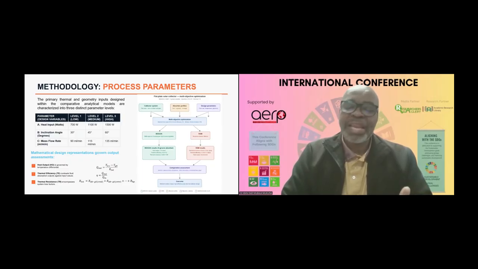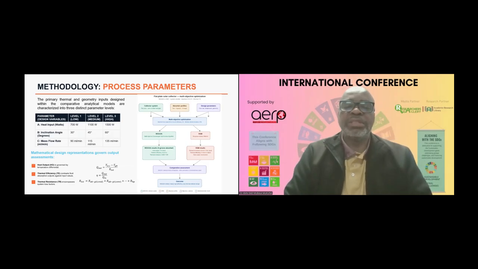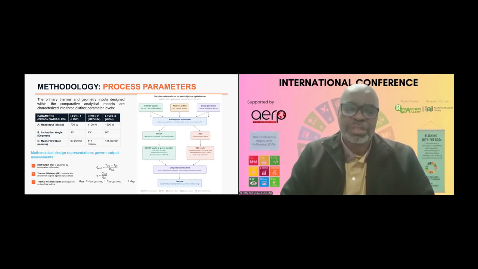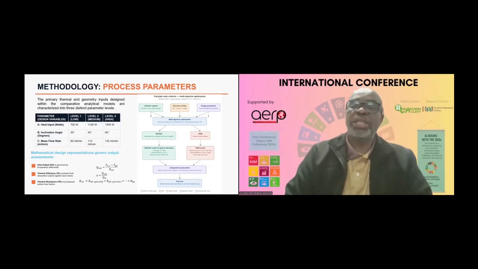The thermal efficiency as well must be maximized, but the thermal resistance must be minimized because the resistance is preventing the transfer of heat. For us to optimize those three variables, at the inlet of our system, we have considered three variables. We have the heat input, which is measured at the input of our solar collector, the angle of inclination and the mass flow rate.